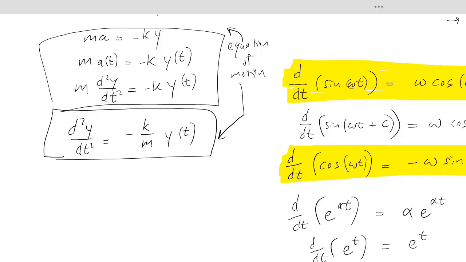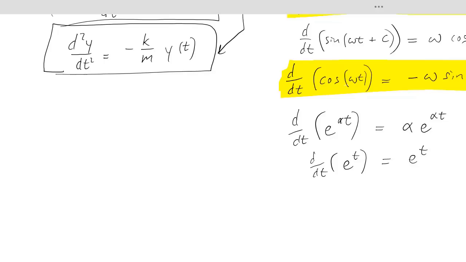And it just so happens that I could take, for example, sine of some omega t and say that my y of t is that. Then my v of t, the first derivative, is omega times cosine of omega t.